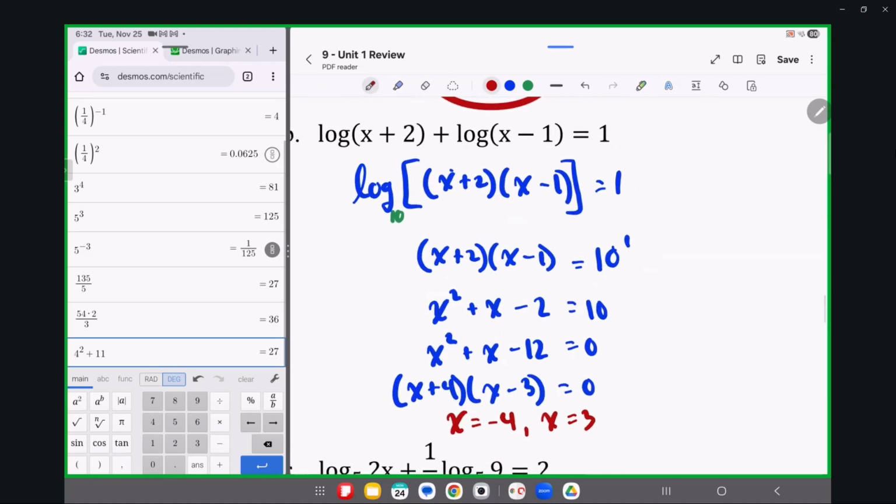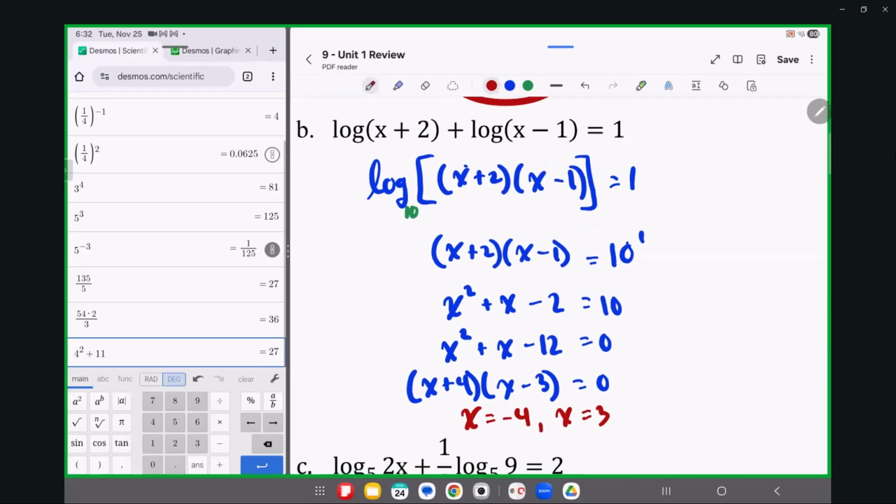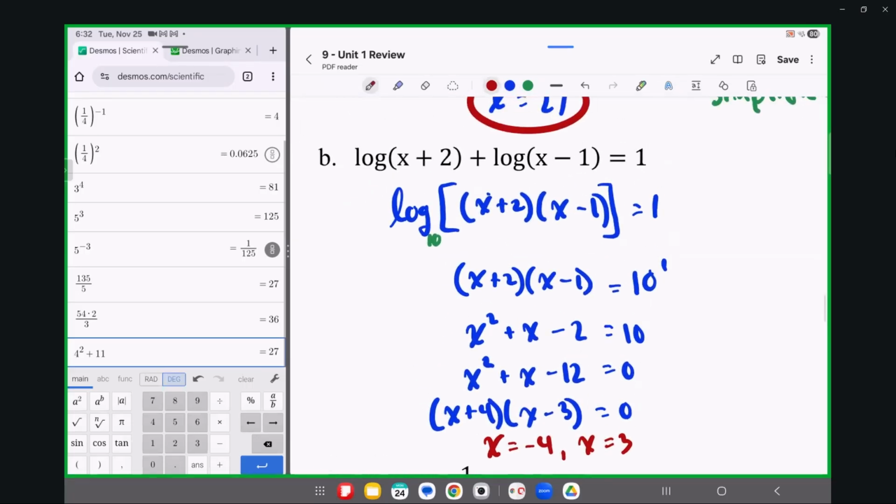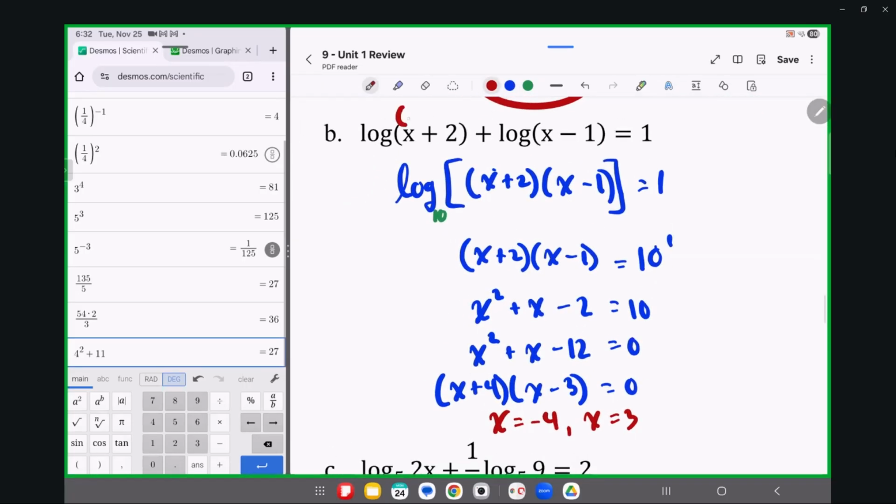Now, if we're going to check our answers, if I try inserting negative 4 into the equation, I end up with negative 4 plus 2, and that's already going to be a negative number. What that means is that negative 4 is going to be extraneous.